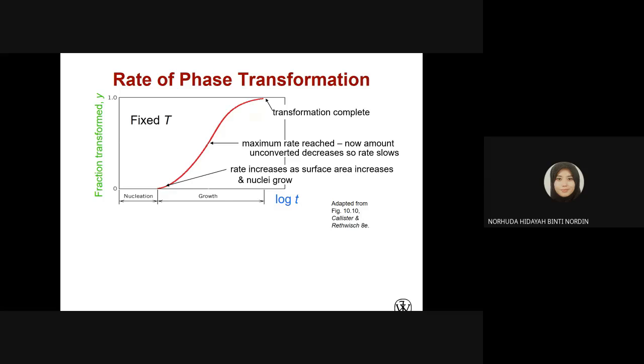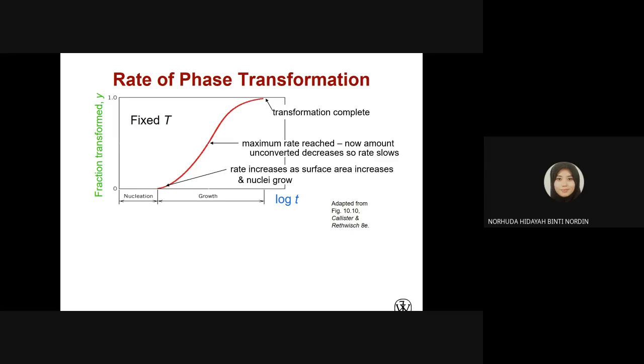Actually there's something happening, but it is maybe 0.00 something. So this is the nucleation part. And then you can see the growth part where the transformation is very significant.